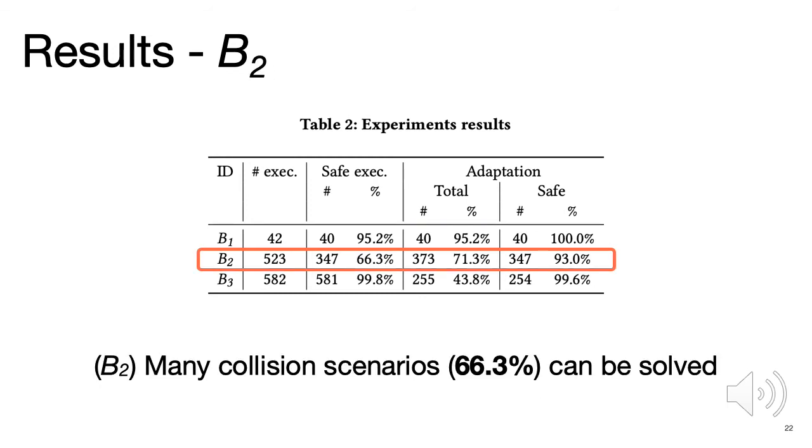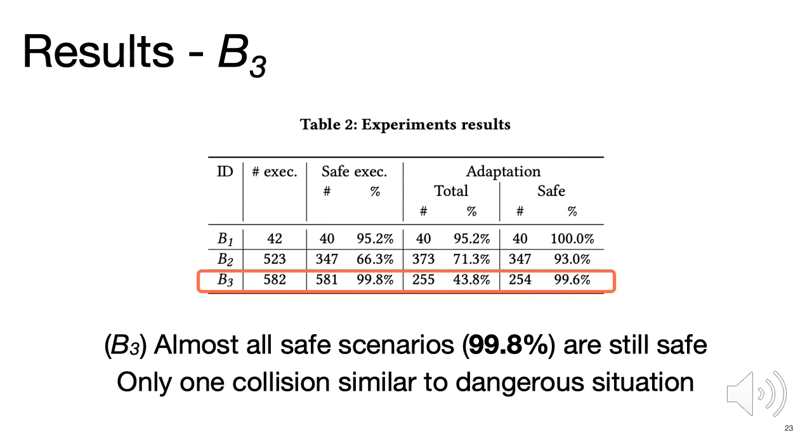And then for the results of benchmark 2, we can see that many collision scenarios can be solved, about 66.5 percent. That is a good result. And finally, benchmark 3. Almost all the safe scenarios are still safe, with only one collision, because it is similar to the danger situation in the knowledge base, although it is a safe scenario.